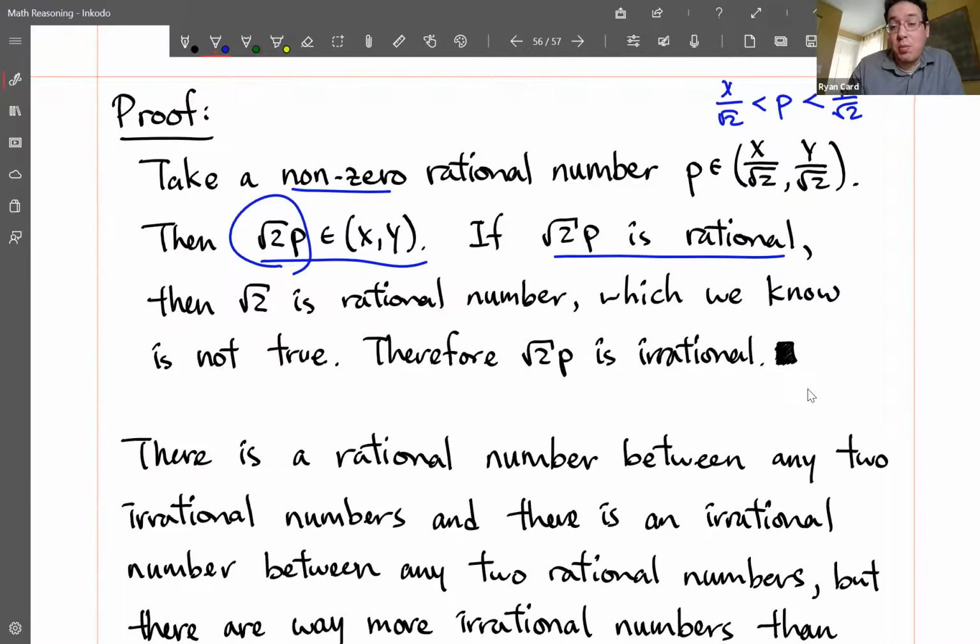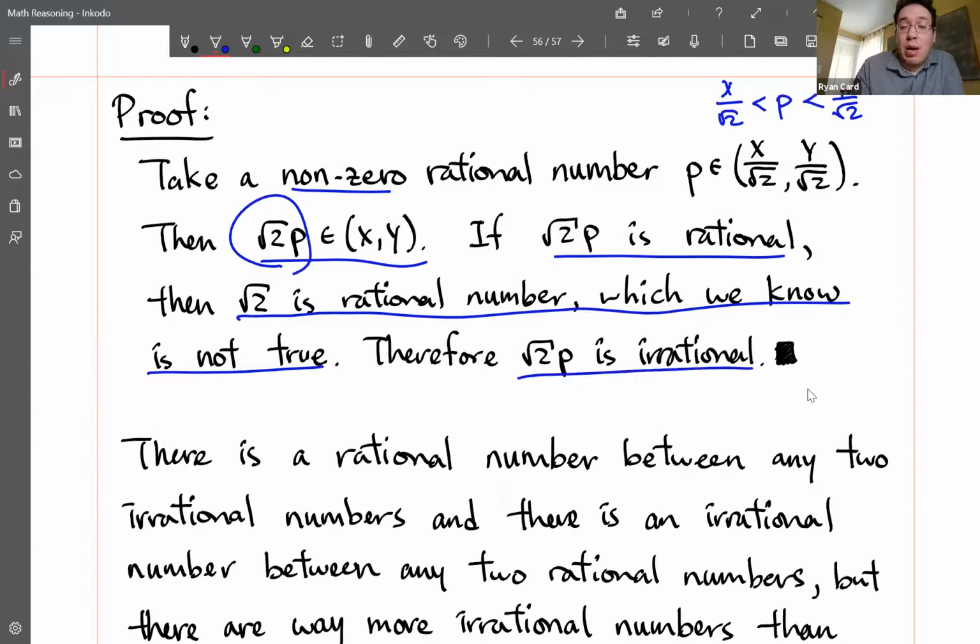And square root of 2 would be rational because it's a rational number divided by a rational number. But we've already proved that it's not rational. So square root of 2 times any rational number is an irrational number. Okay, so our square root of 2 times p is our irrational number. It's between x and y, and we're just going to say z is that guy.